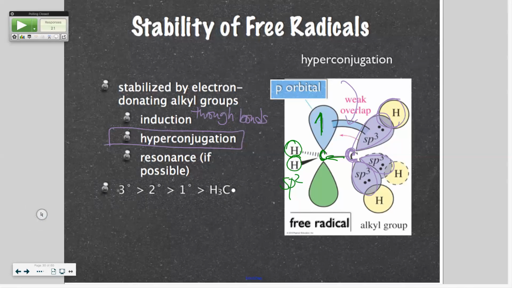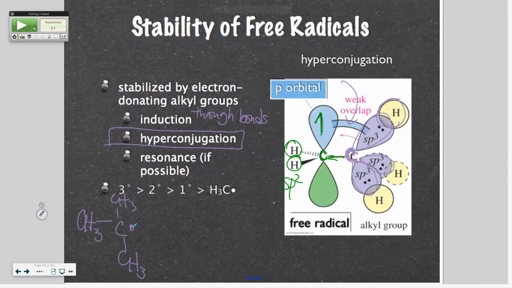So what is the difference between the tertiary free radical and the primary one that's in that picture? What do we got?